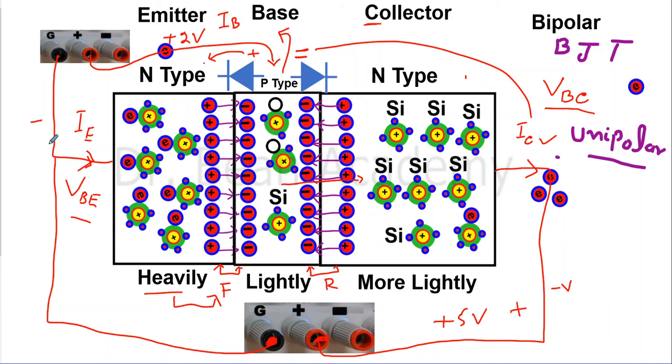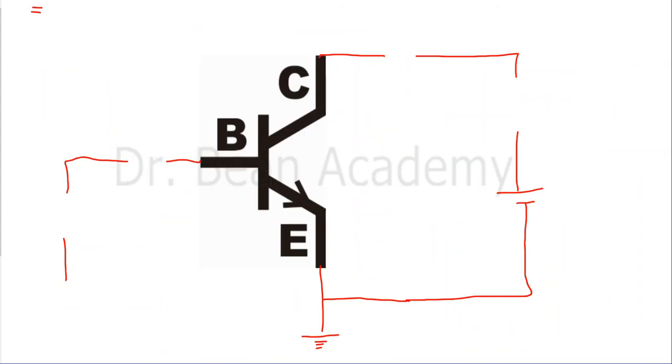And then the ground is once again connected to the emitter, because this is the common emitter configuration. So once again here is the positive terminal, and then I have the negative terminal, which of course is the ground one, and this is once again connected to the emitter. So the emitter is common to both. It is connected to the collector through some components, and then it is connected to the base through some components.